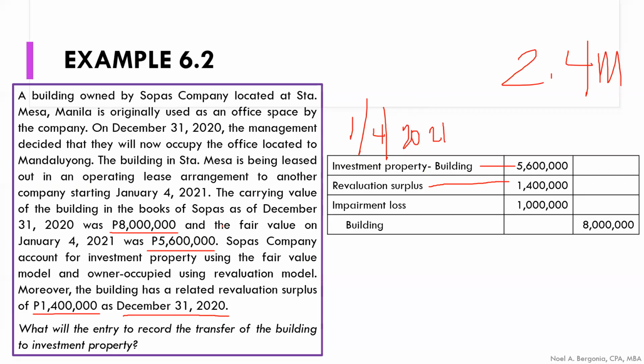So ang mangyayari, that 2,400,000 first, instead of putting it all as loss, should first reverse the revaluation surplus as what we have did in PPE at saka in intangible asset, 'di ba? So inubos muna natin 'yon. Then the difference will be charged now to our impairment loss. So I debited impairment loss here 1 million and credit building 8 million pesos.